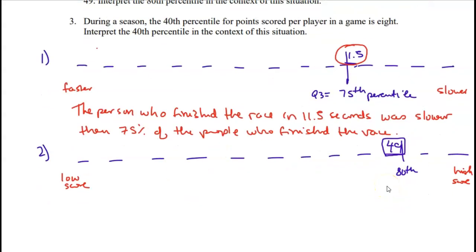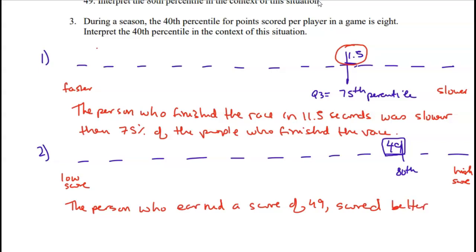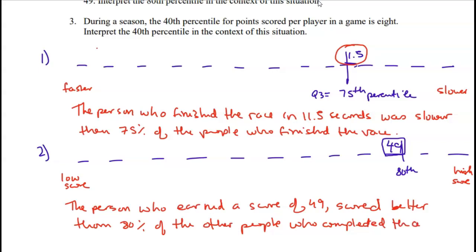The person who earned a score of 49 scored better than 80% of the other people who completed the assignment. So the 80th percentile is like a high score compared to the others.